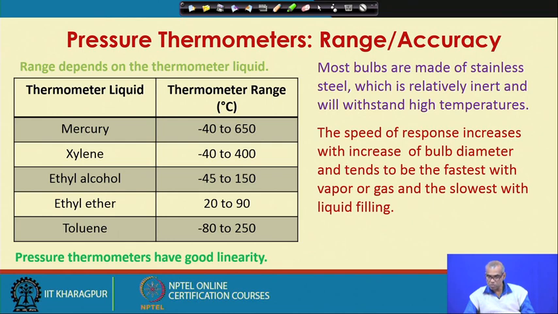The speed of response of vapor or gas filled thermometer is more compared to liquid filled thermometers. Accuracy of liquid filled pressure thermometers is around plus minus 1 degree Celsius.